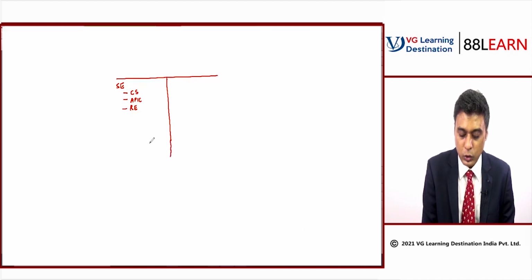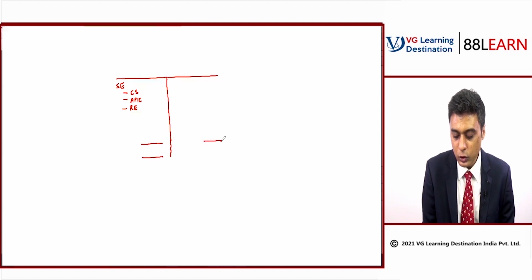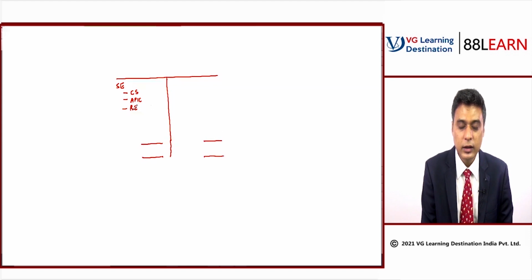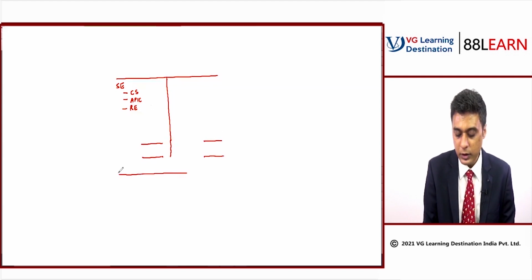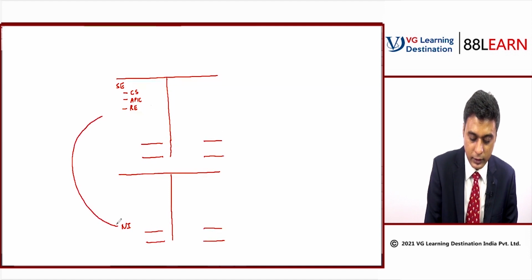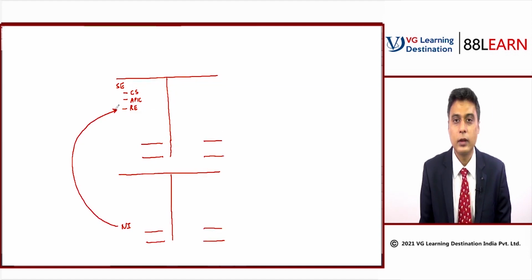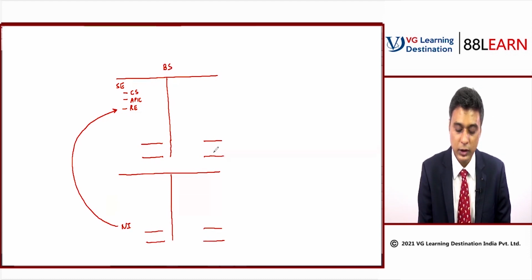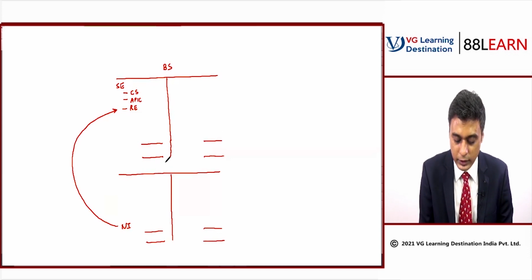You will not be able to close the balance sheet without closing retained earnings, right? And you can close retained earnings only when you close the income statement, because the net income for the year will go and get added to retained earnings. Therefore, although you are starting with the balance sheet, you cannot close the balance sheet because you are not closing retained earnings until and unless you close the income statement.